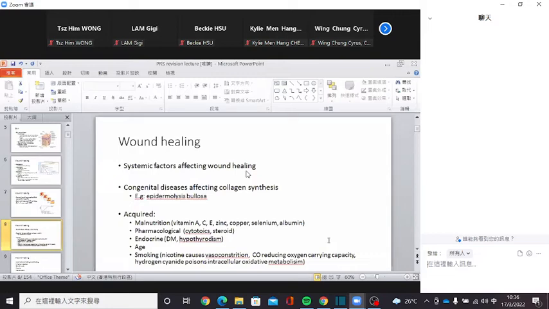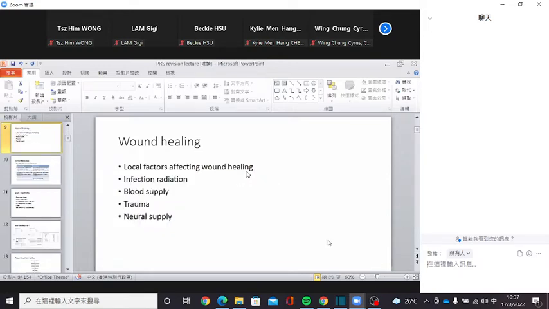Some acquired systemic factors like malnutrition, some vitamin or trace element deficiency, some medications like cytotoxics and steroids, endocrine disorders like DM or hypothyroidism, advanced age, smoking, as nicotine causes vasoconstriction, and carbon monoxide will reduce the oxygen carrying capacity, and some cyanide poisons will affect the intracellular oxidative metabolism.